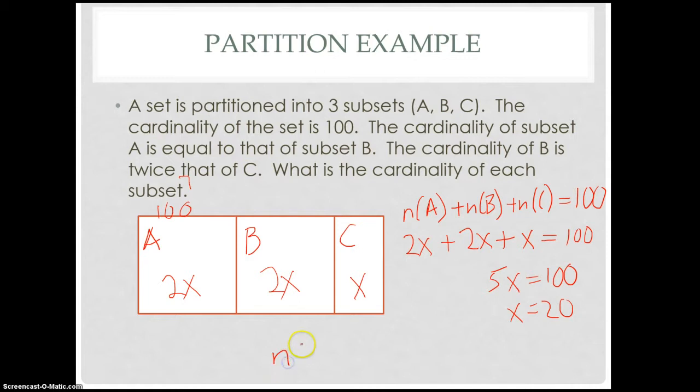Looks like the cardinality of C is 20, because 20 is equal to x, and the cardinality of A is equal to the cardinality of B, which is going to be 2 times x, which is 40. And you'll notice if we plug these numbers into our original problem here, 40, 40, 20, if you add those up, you do get 100.